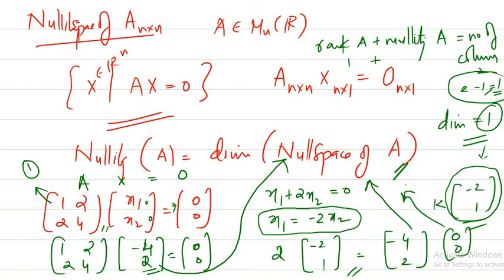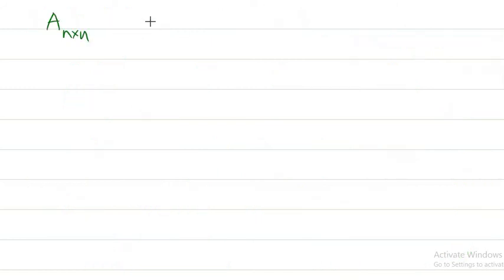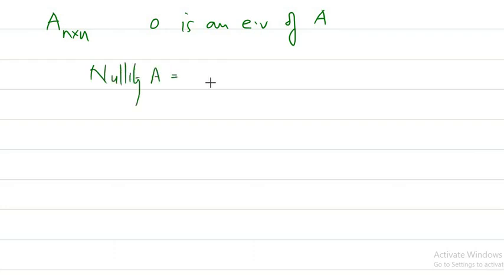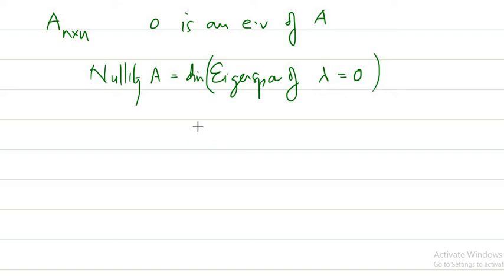Okay, so if you have an n by n matrix A, and suppose 0 is an eigenvalue of A, then the nullity of A is defined as the dimension of the eigenspace of lambda equal to 0, or we can say it is nothing but the geometric multiplicity of the eigenvalue lambda equal to 0.